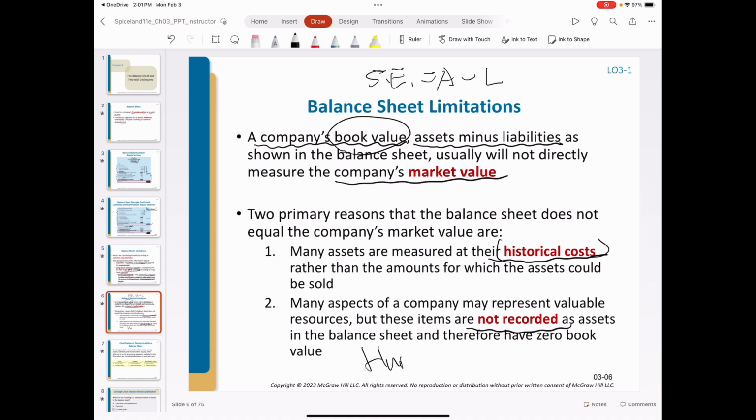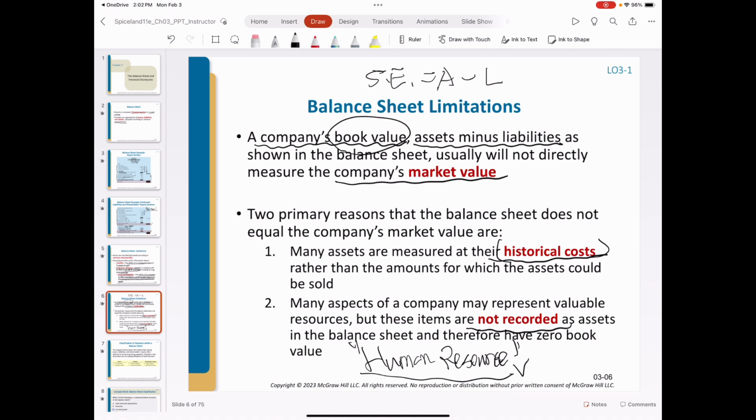For example, human resources are one of the most important economic resources for any business entity, especially tech firms. But under current accounting standards, we cannot measure human resources reliably, so we don't report them. That doesn't mean it is not relevant information.